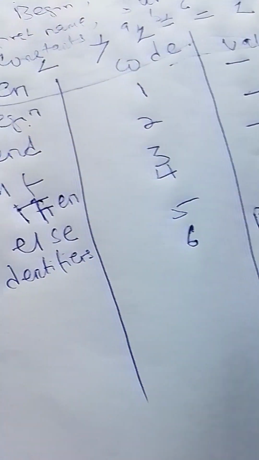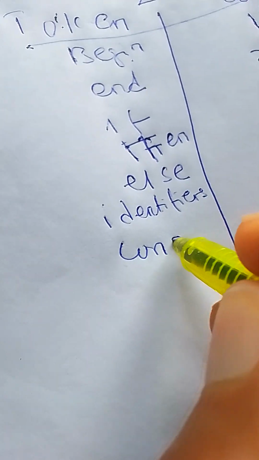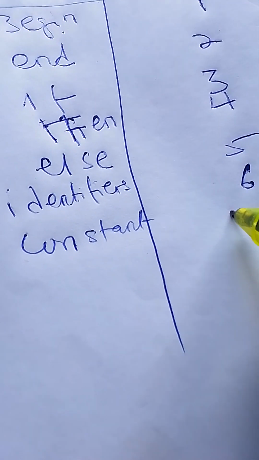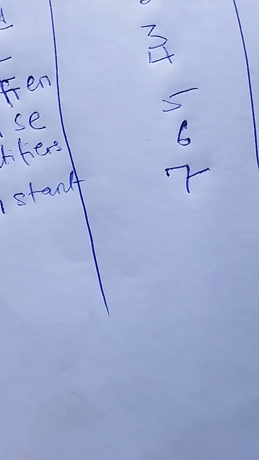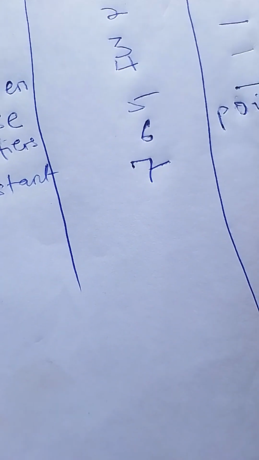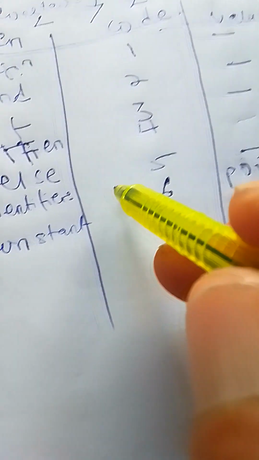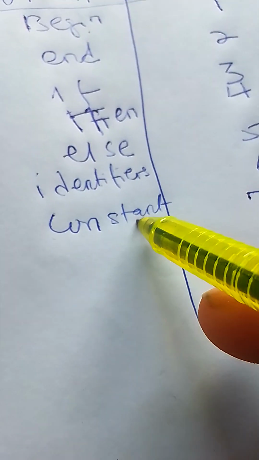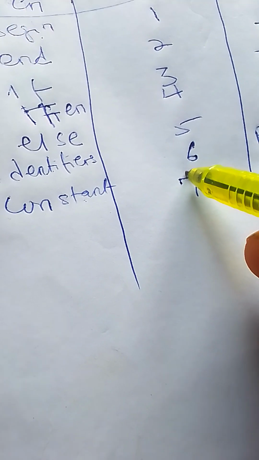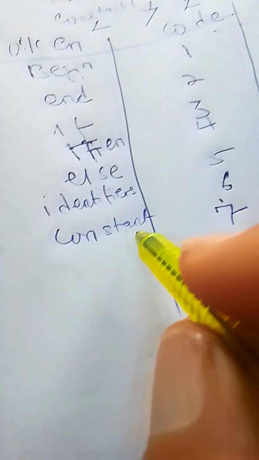We have constants also. For constants, the code is 7, and the value is also a pointer to the symbol table. Why is the value a pointer to the symbol table? Because the identifiers, constants, and names are held in the symbol table. That is why the value is a pointer to the symbol table.